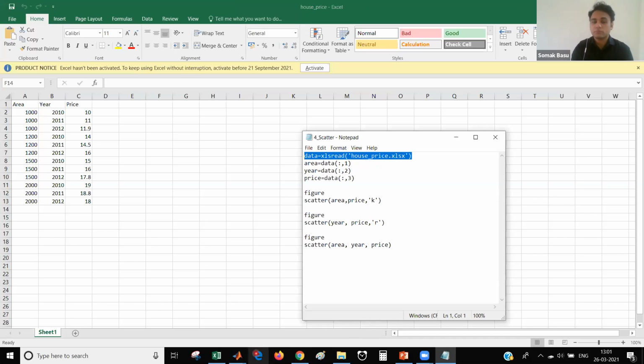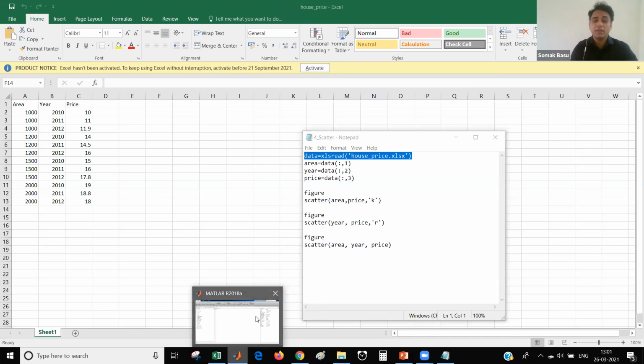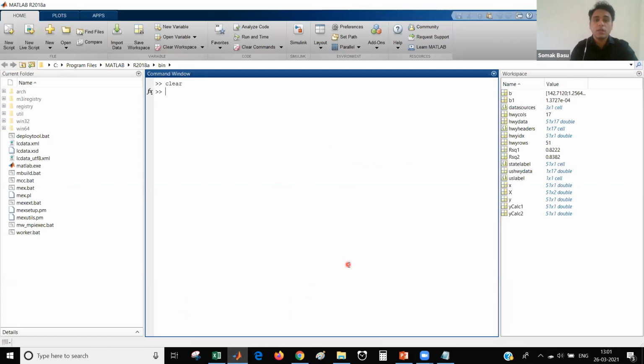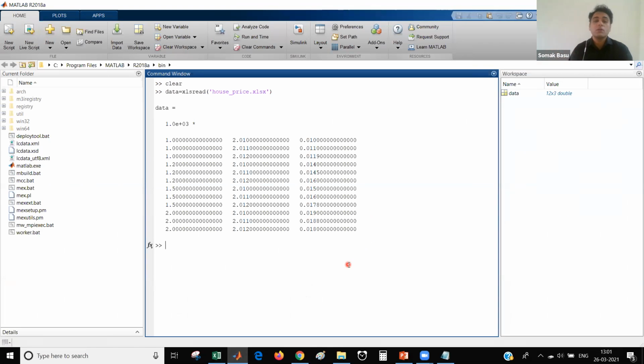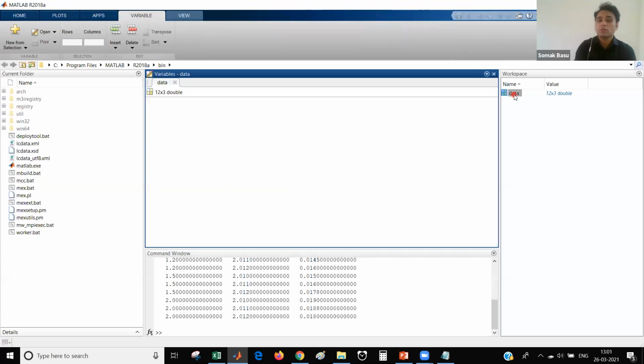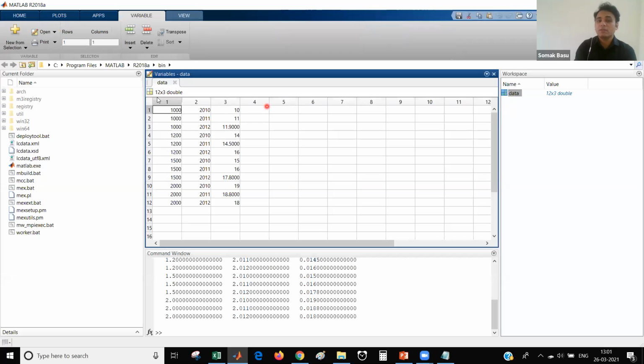Let me see if I can read the Excel file. I'll first of all clear all the variables. I have tried to read the Excel sheet's values. If I go to data, I can see this is a 12 cross 3 matrix.